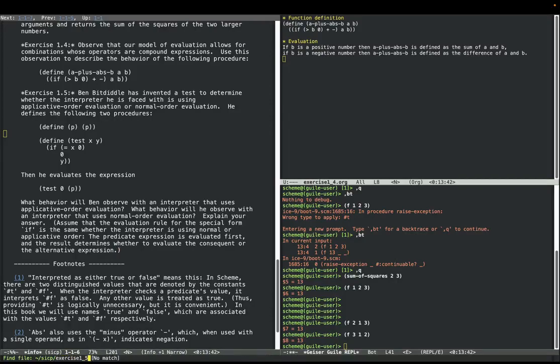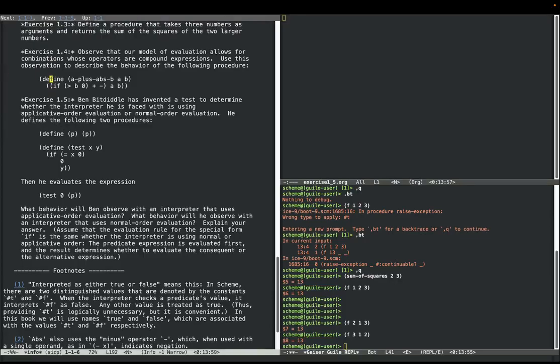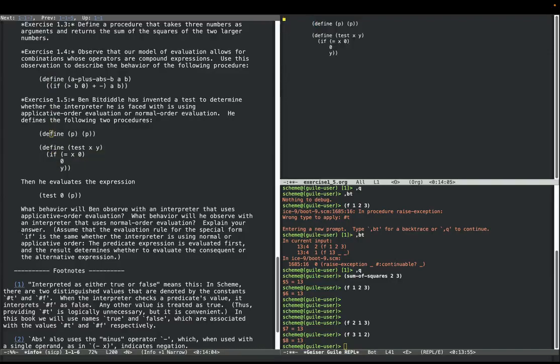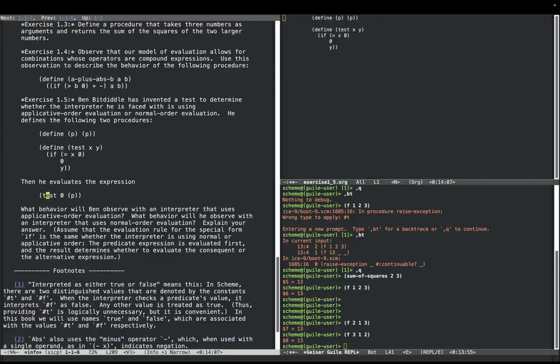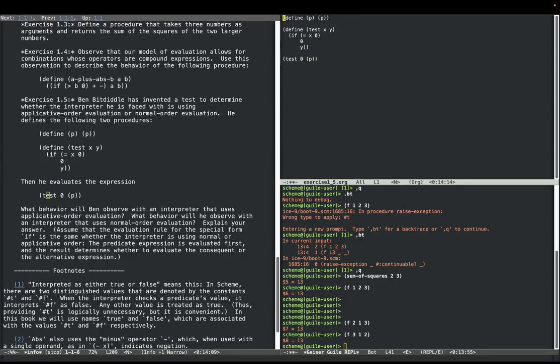Exercise 1-4. What? Wait. Exercise 1-5. Okay, 1-5. Let's put everything in here. Definitions.